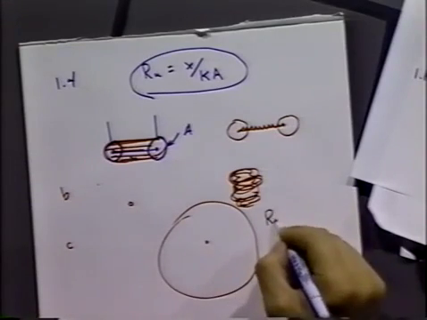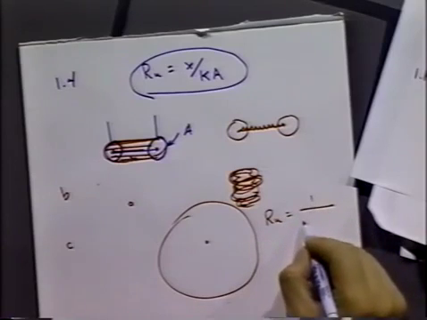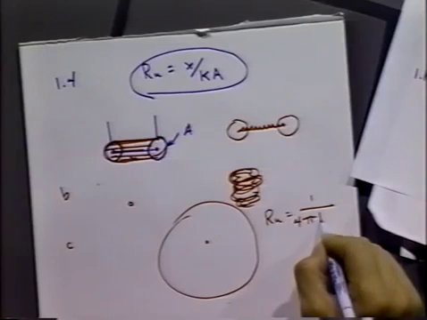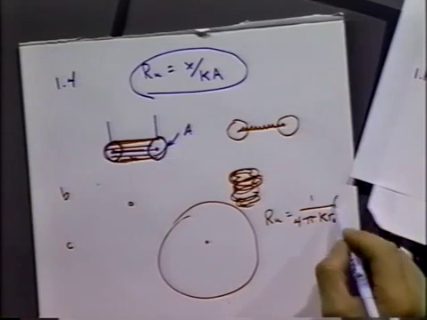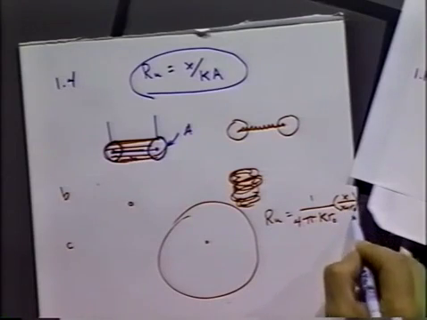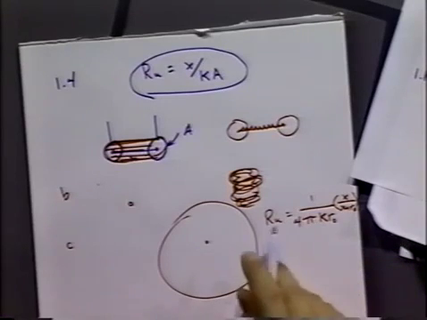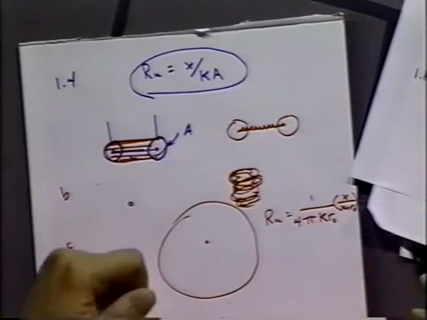So then you use a different form of that equation, 4 pi kappa R0, and then x plus R0. Now in this case, what happens if x is infinite?